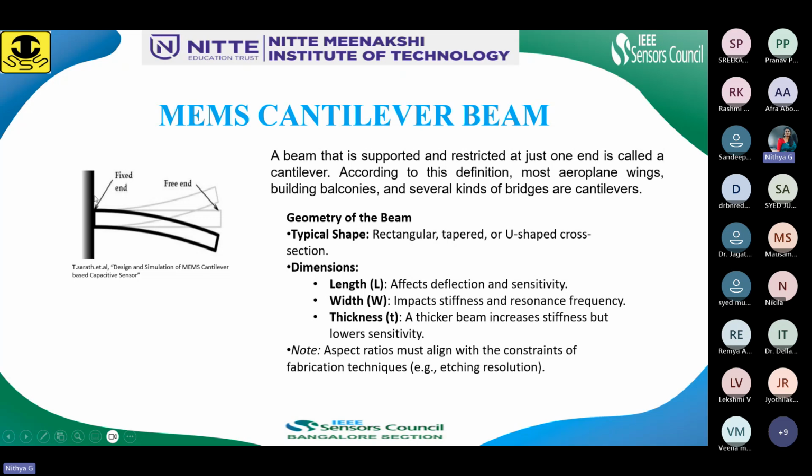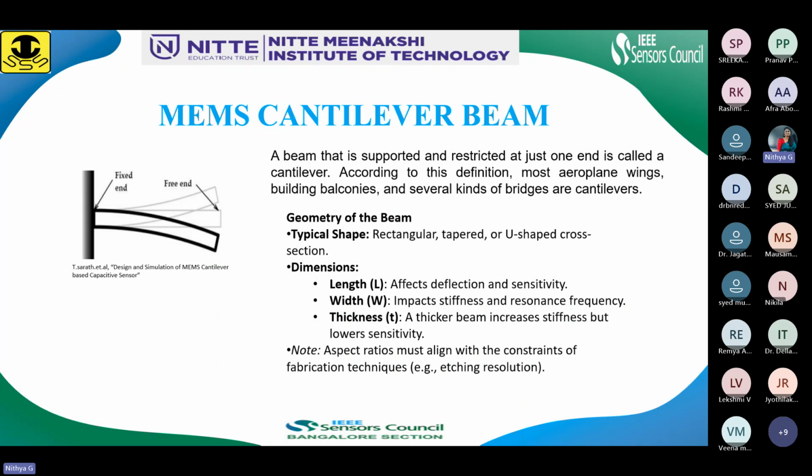It cannot move. So at this condition, a stress is generated around the region where it is fixed. So whenever we design a MEMS cantilever beam, we have to know that the fixed region will have a stress generated. And the maximum stress generated in the cantilever beam is very useful, because variation in the stress can also be used as a sensing parameter.